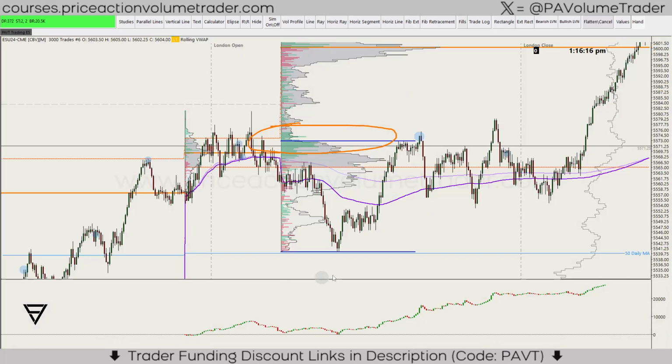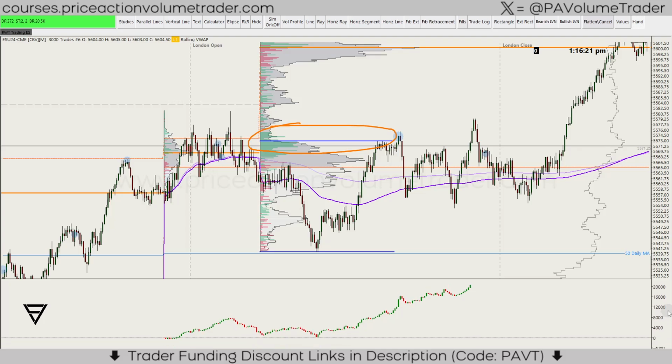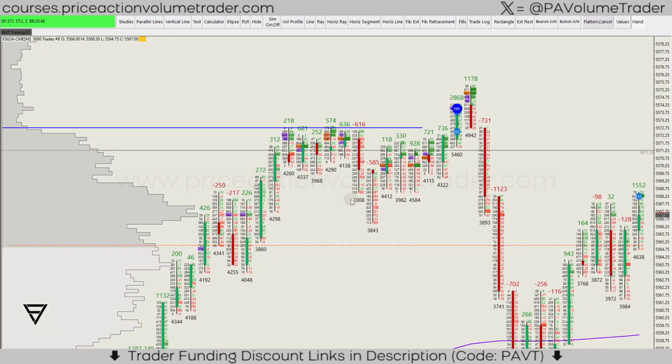If we go into the cumulative volume delta on the bottom, you can see we had just a very slight slope here, but look at how much higher the aggressive cumulative buying is pushing on the delta, and yet we're just making a slightly higher high.